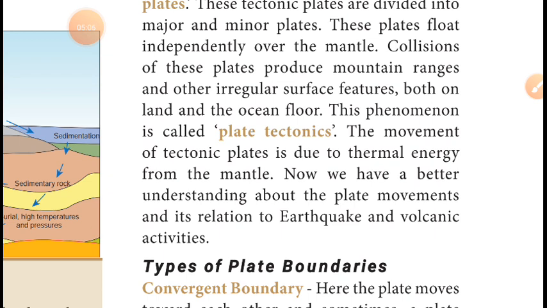How is it possible? How does this action happen? Due to the thermal energy from the mantle, the next layer of the crust. Due to the thermal energy, the plate tectonic process happens.